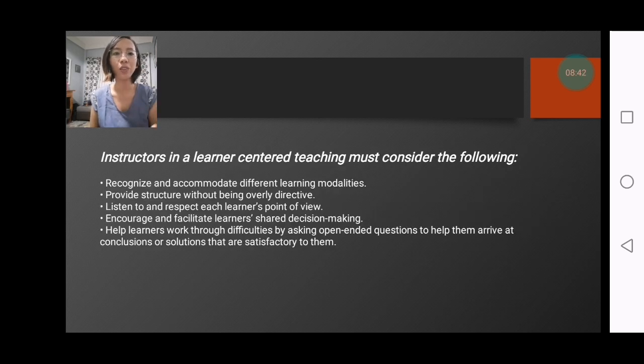So instructors, again, here are other roles that we could see from a teacher using learner-centered teaching. First, instructors must consider the following. First is the recognition and accommodation of different learning modalities.